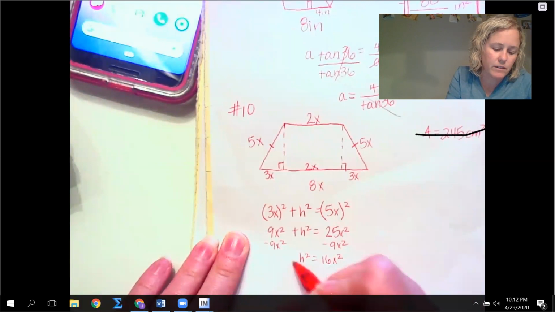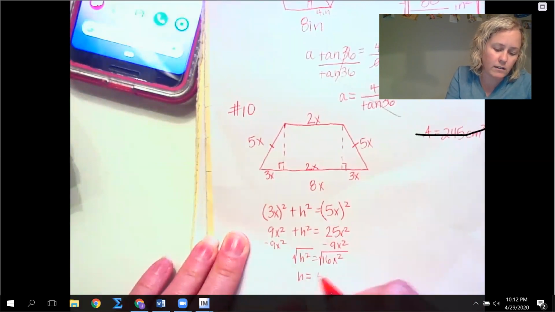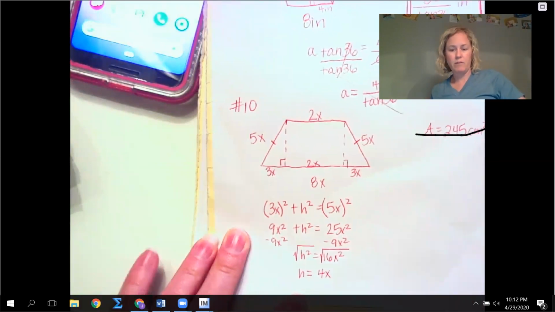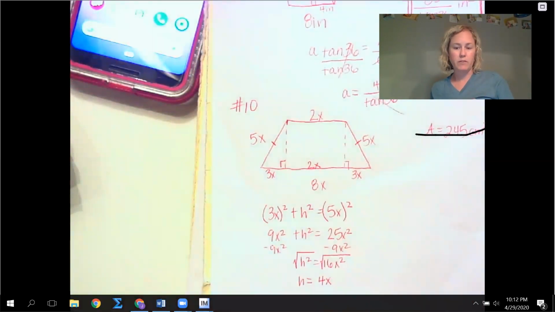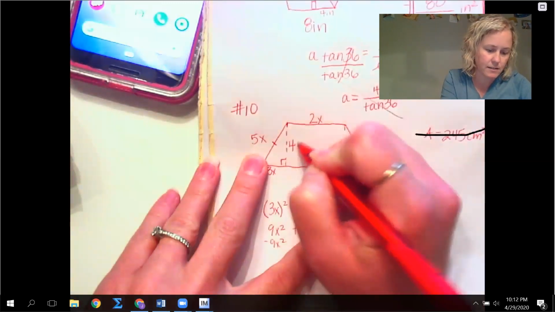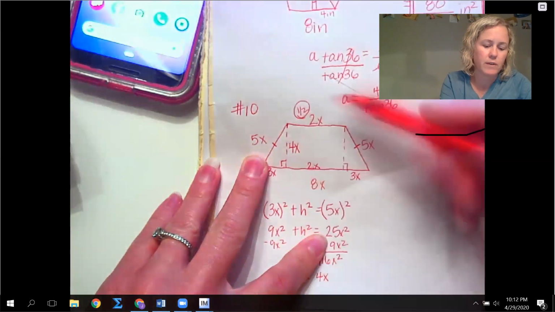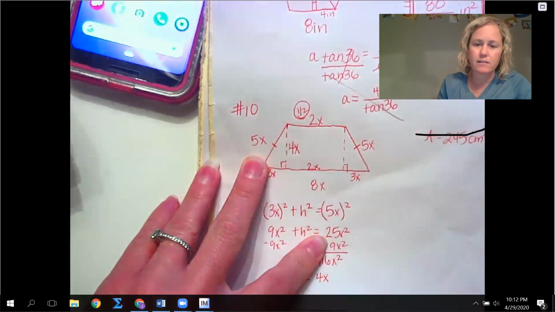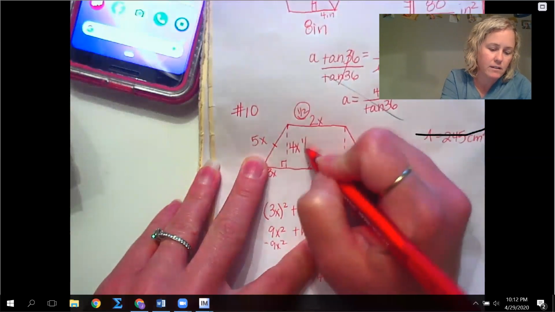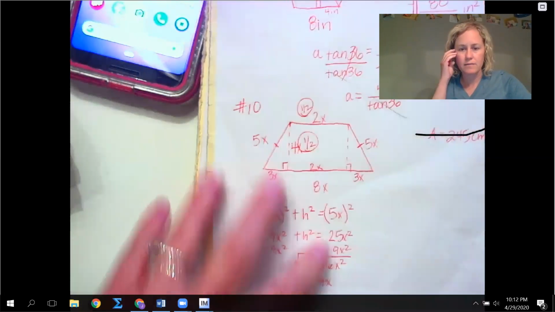And then you'll take the square root of each side, and you'll get h equals 4x. The square root of 16 is 4. The square root of x squared is x. So my height is 4x. So you got a half a point for labeling the 2x, 5x, 8x, and 5x. You get another half a point for figuring out the 4x.